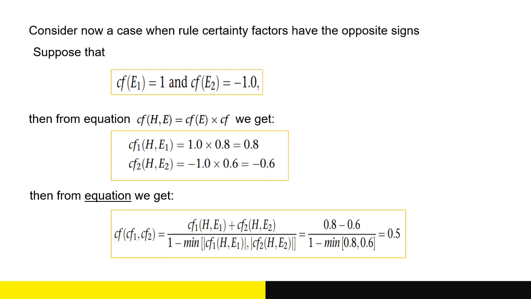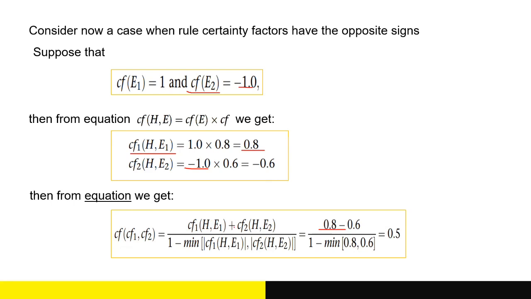And then the certainty factor of hypothesis given evidence 2, given the certainty factor of evidence 2 is negative 1, multiplied by certainty factor 2, so 0.6, so negative 1 multiplied by 0.6, so we have negative 0.6. So from the second equation, the certainty factor of the combined evidence is equal to certainty factor 1 of hypothesis given evidence 1, so we have 0.8.